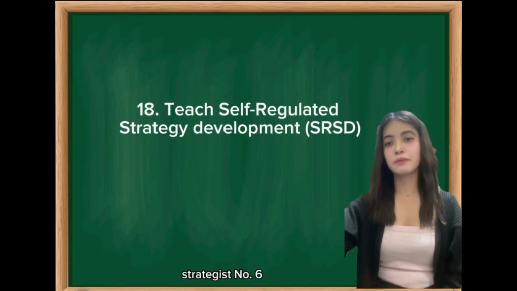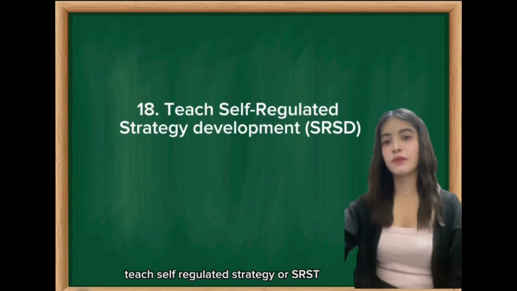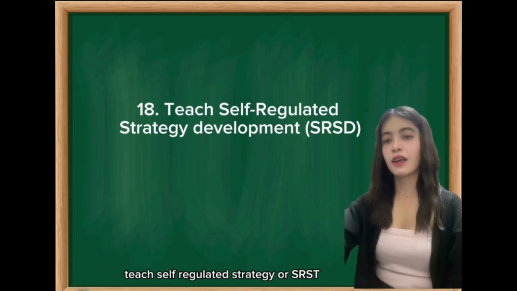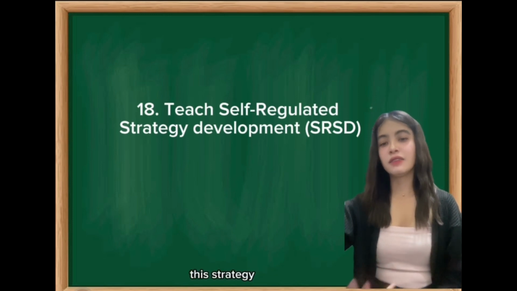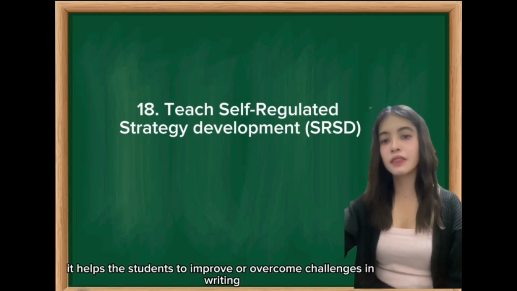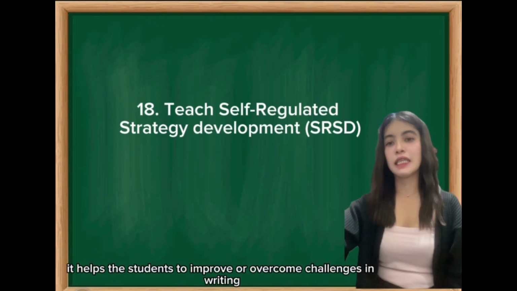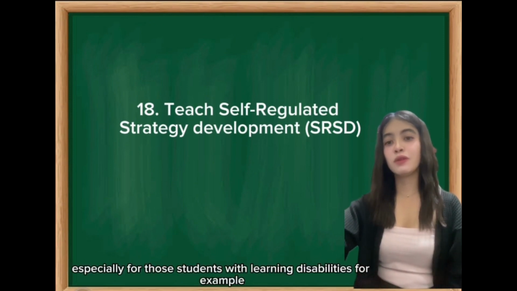Strategy number six, teach self-regulated strategy, or SRST. This strategy helps the students to improve or overcome challenges in writing, especially those students with learning disabilities.